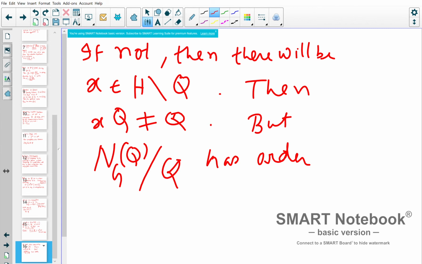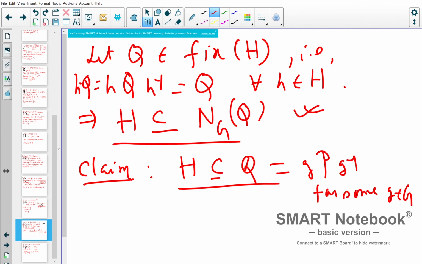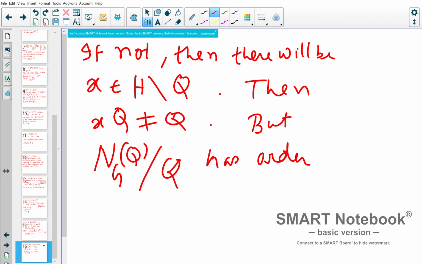The order of Q is the highest order, p to the power r, and you are quotienting out by it. So the order of this group divides m, where p and m are coprime.